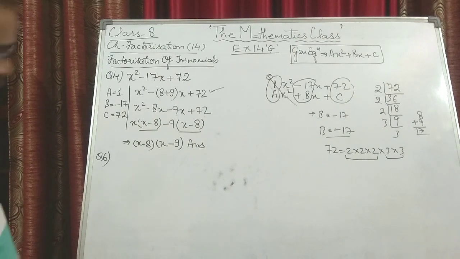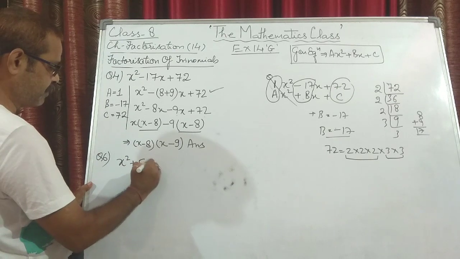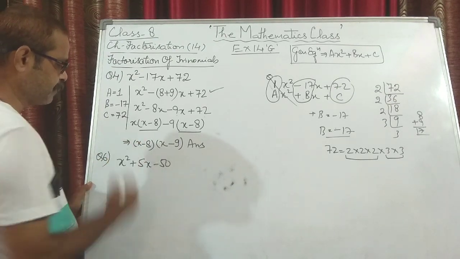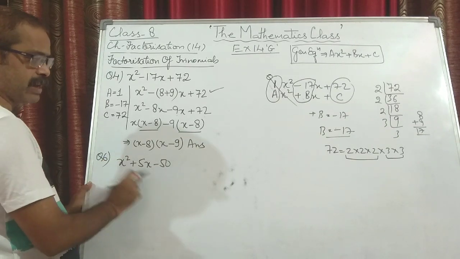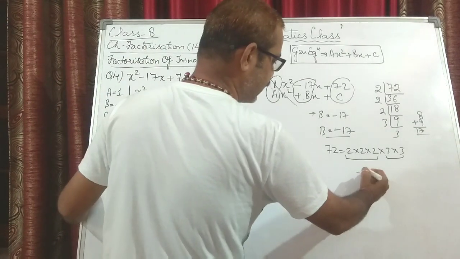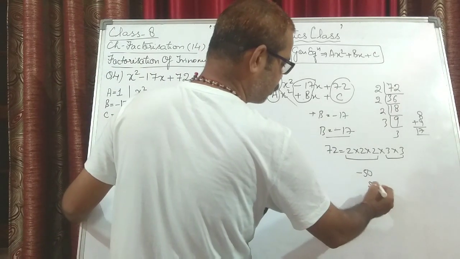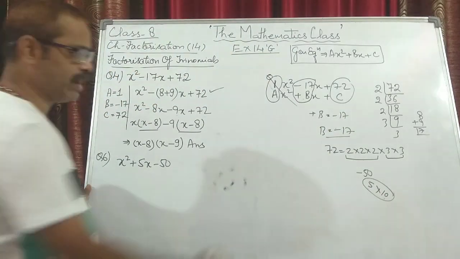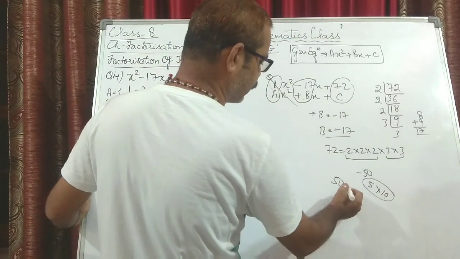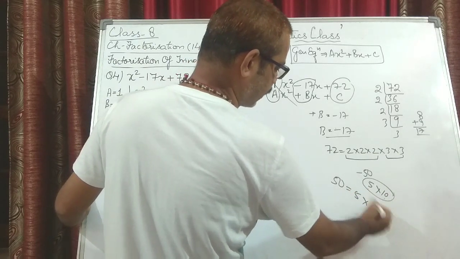X square plus 5x minus 50. 50 into 1, a is 1 here, so it is minus 50. Now minus 50 has to be factorized. We know that 5 into 10 is 50 and 10 minus 5 will be 5. Factors of 50, let's talk about 50 only, leave that minus sign. So 50 is simply 5 into 10.